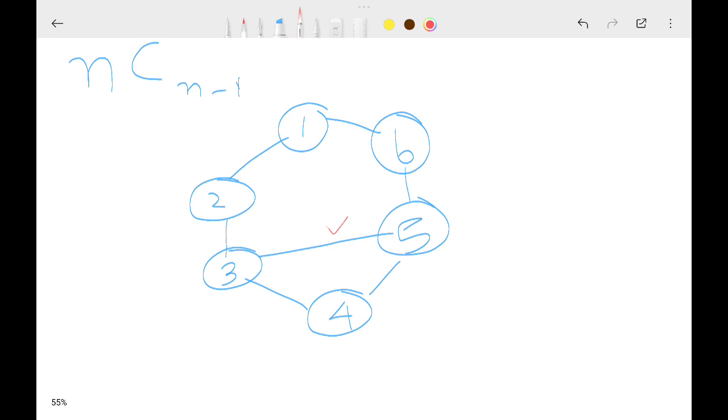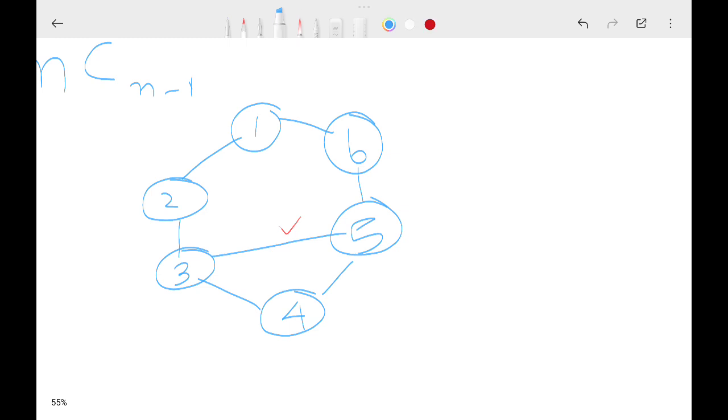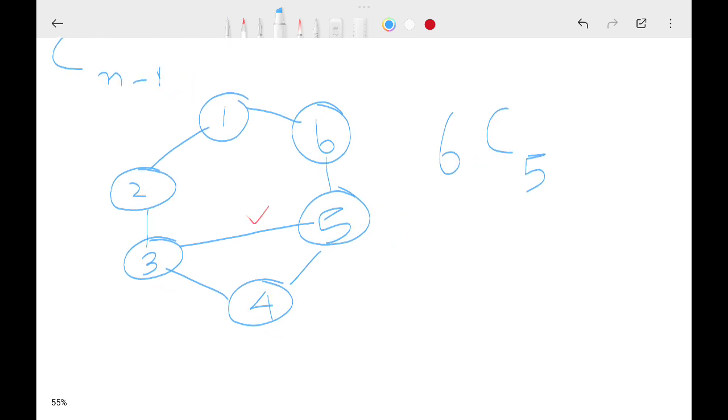In this case, for the same graph, we need to form a spanning tree. This graph contains 6 vertices, so the spanning tree should contain 5 edges. So for this example it will be 6C5, and one edge creates 2 cycles. From this number of combinations, we need to subtract the number of cycles that have been formed.